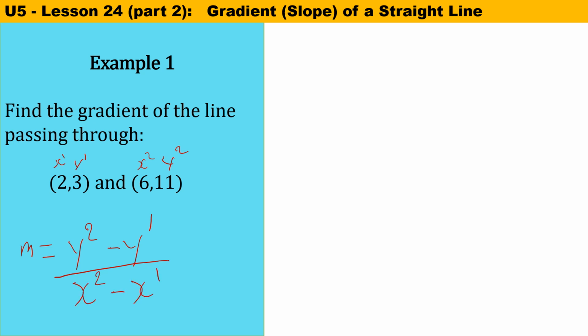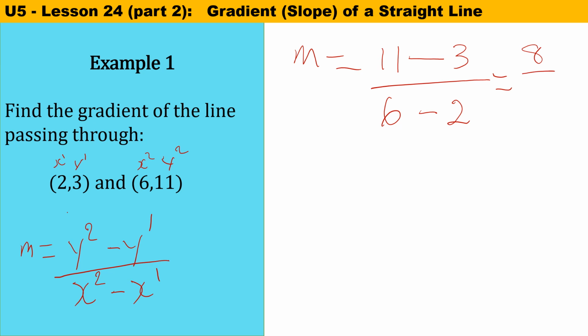So let's go ahead and substitute those out. m equals y2, which is 11, minus y1, which is 3, over x2, which is 6, minus x1, which is 2. 3 from 11 gives you 8, over 6 minus 2 leaves you with 4.